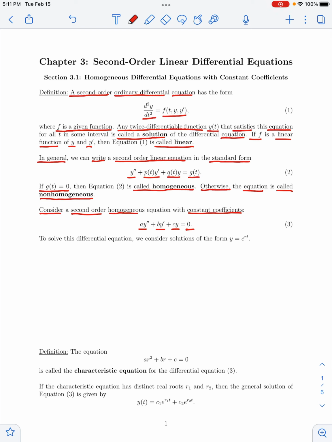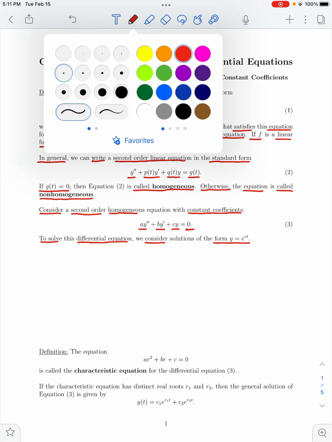And our method for solving this type of differential equation is to consider a solution of exponential form, something of the form y equals e to the r t power, where r is some constant that we need to determine. So let's see how this solution technique will work.